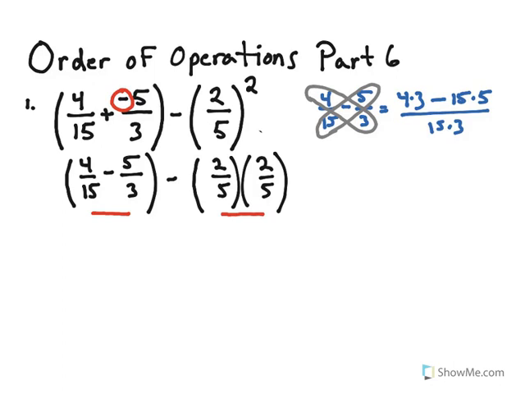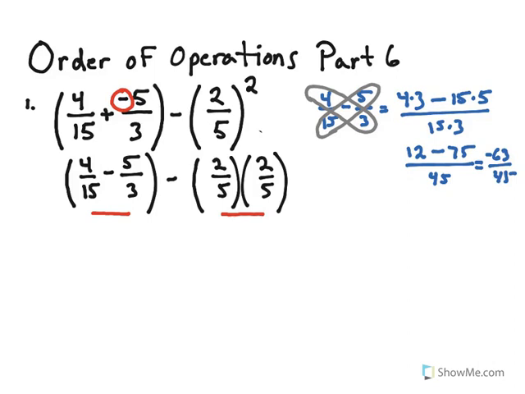Okay, and then now we're going to do 4 times 3. Well, that is 12, right? Minus, and then 15 times 5 is 75. And then 15 times 3 is 45. And then if you do 12 minus 75, we're going to get minus 63 over 45.